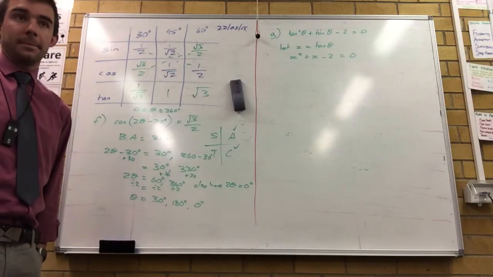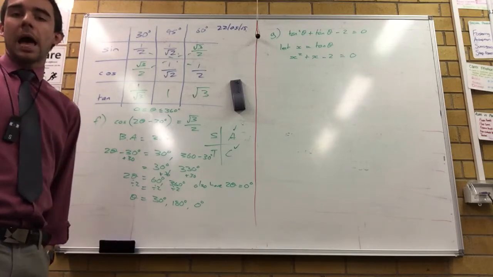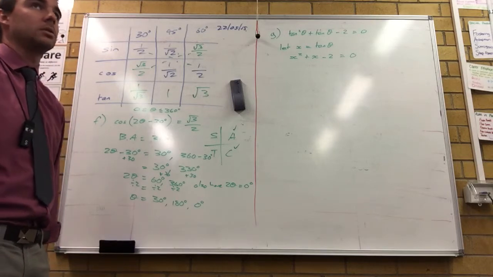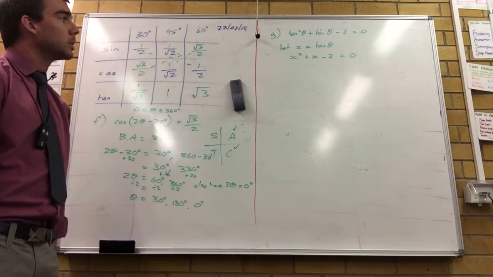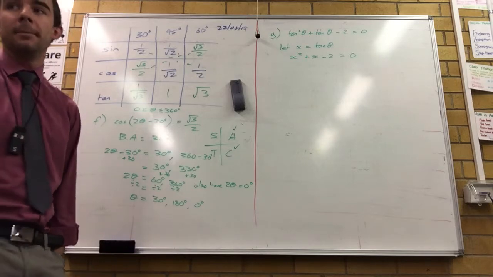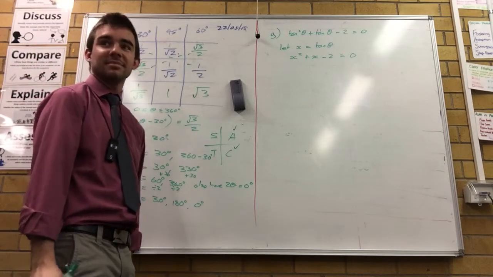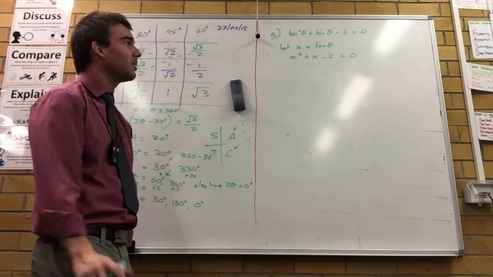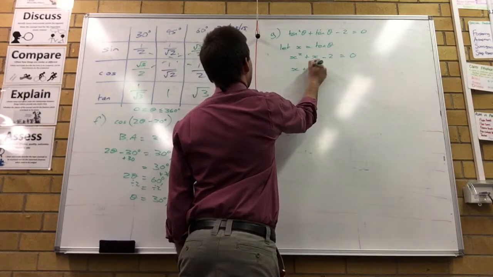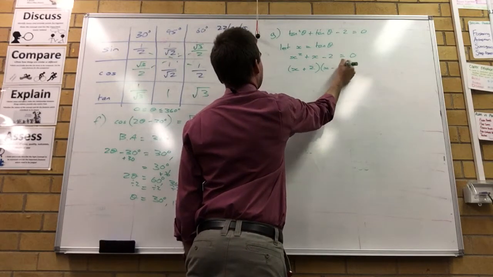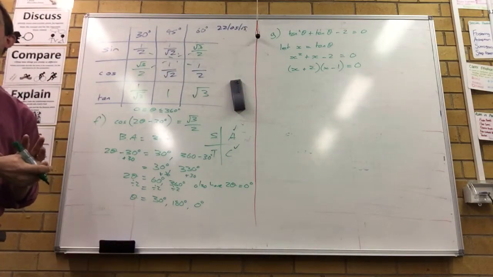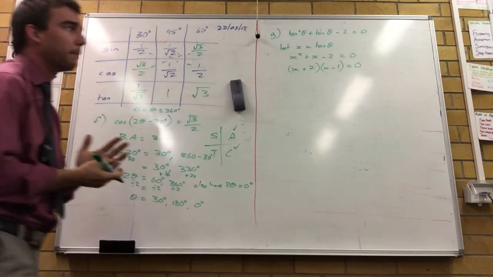Now we can use our skills that we learnt in chapter 3, actually, in equations, and you also learnt how to start it in chapter 2. So, two numbers multiplied to give negative 2, same two numbers add to give positive 1. 2 and negative 1. So x plus 2, x take away 1. 2 times negative 1 multiplied gives negative 2, you add those two values together and you get positive 1.